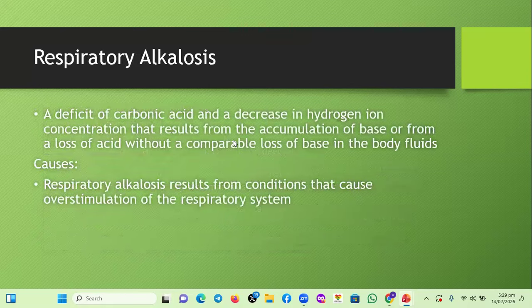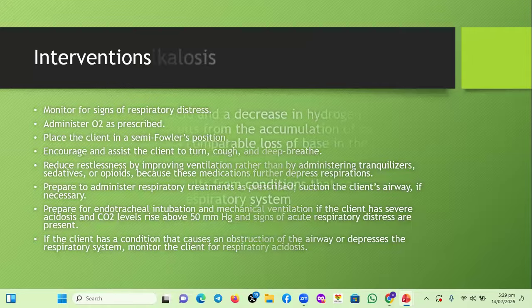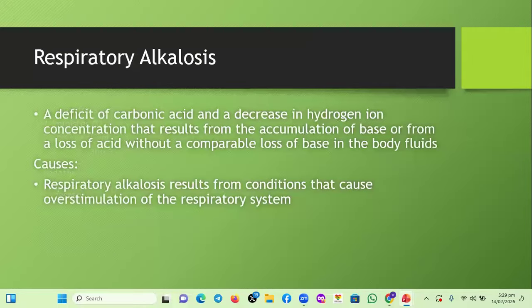And so we've gone through the conditions: asthma, COPD, atelectasis, and a number of other conditions in which you expect to see respiratory acidosis. Any question on respiratory acidosis before we go into respiratory alkalosis?